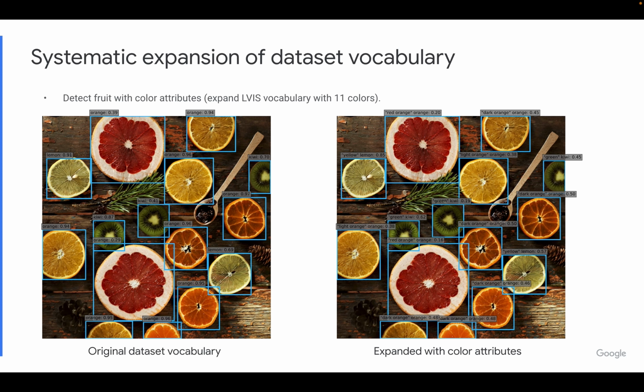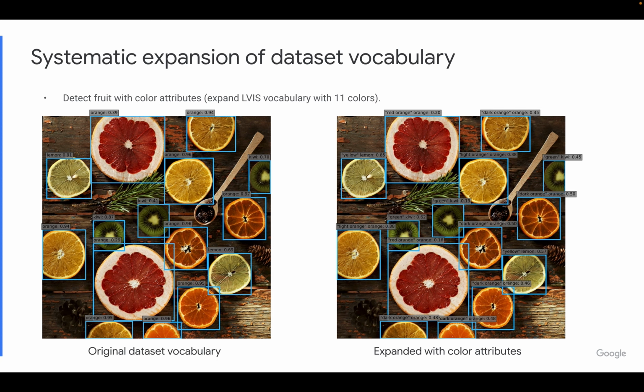Starting from the previous examples, we can do a systematic expansion of dataset vocabulary using a similar approach. In the example below, we made a color attribute set with 11 colors and expanded the LVIS vocabulary with these colors. The method is simply appending the color attributes to each original category, so that we expand the LVIS vocabulary size by 11 times.